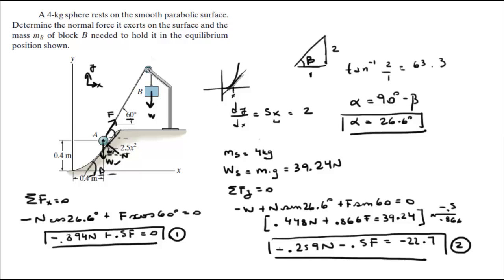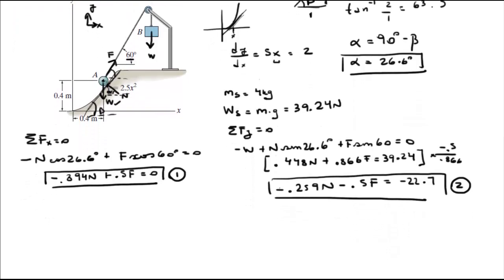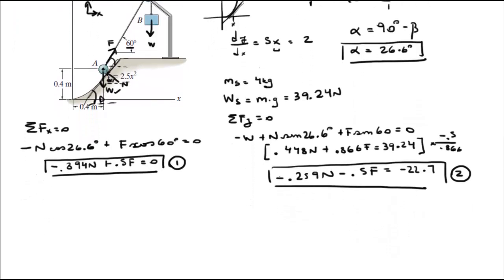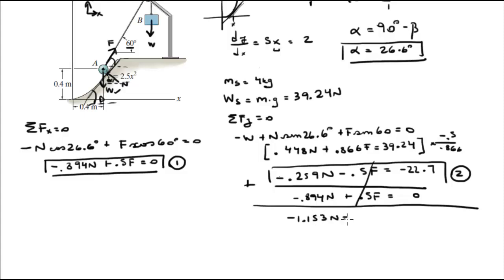So let me make some space over here. I'm gonna rewrite equation 1 right below equation 2: negative 0.894 times the normal plus 0.5 times the force is equal to 0. Then I'm gonna add these two equations together. These two cancel out, and you get that negative 1.153 times the normal is equal to negative 22.7. Solve for the normal, and the normal comes out to be 19.68 newtons, of course.